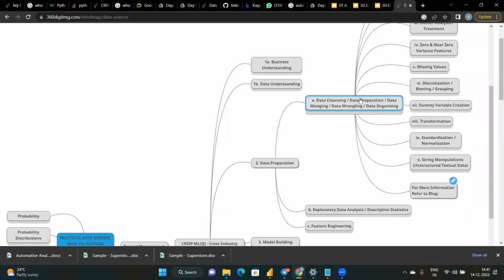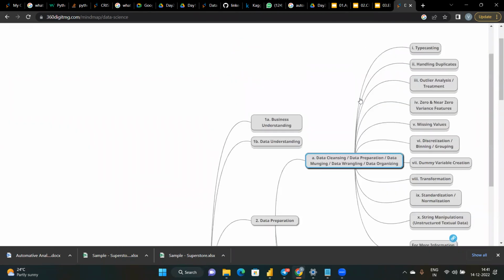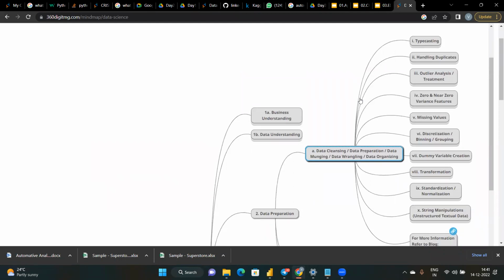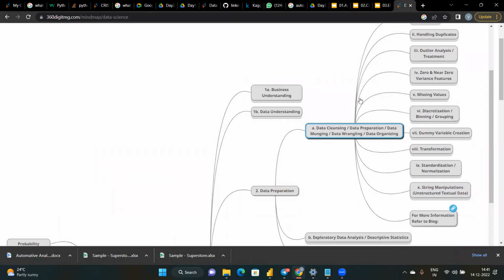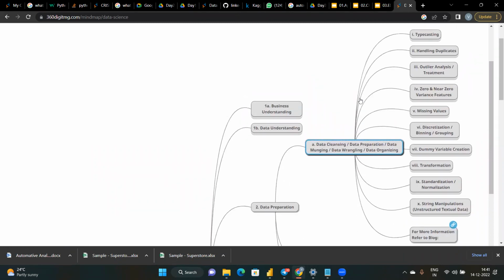For data cleansing and data preparation, we have seen what is meant by typecasting, right? Converting one data type to another, handling duplicates, outlier analysis treatment, zero and non-zero variance, missing values, and so on. This type of data preparation, or data wrangling or data cleaning, you can say, okay? We have gone through this.